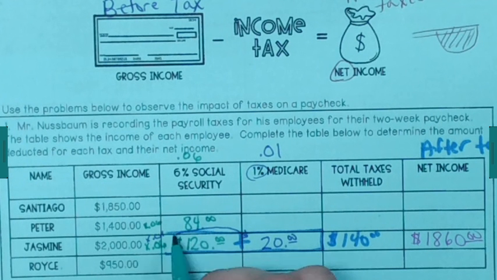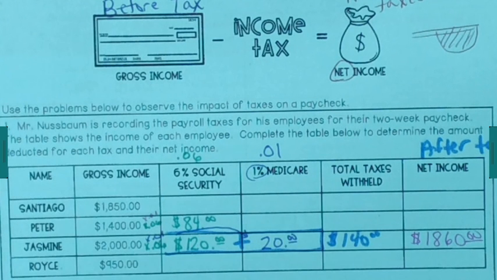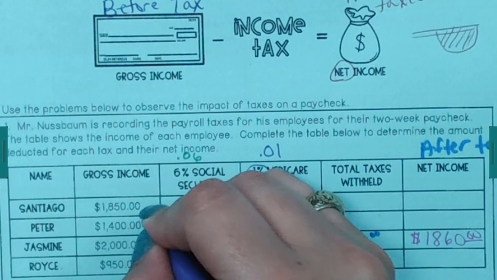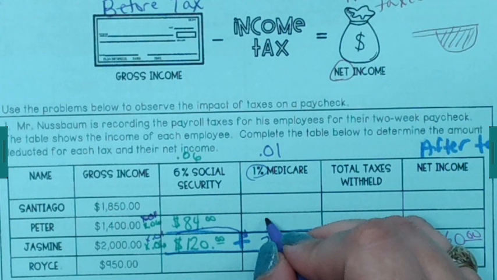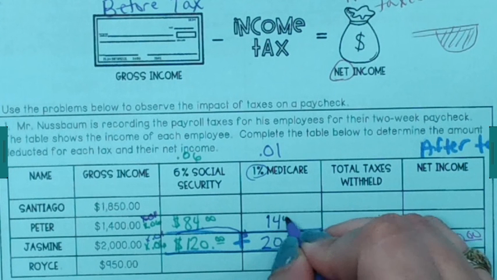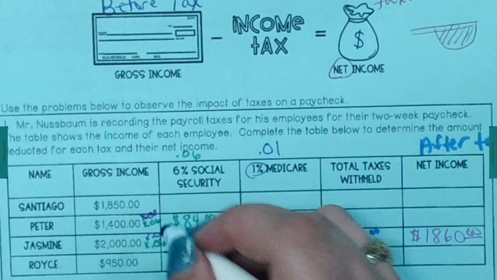If you're at home, make sure that you are participating and knowing what's happening. Now I'm going to go back and multiply the 1,400 by the 1%. What do you get? 14. $14. Good.